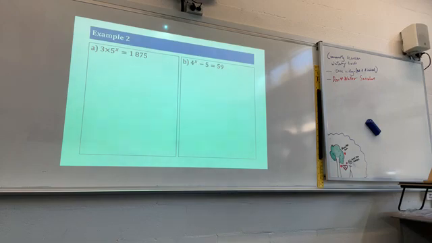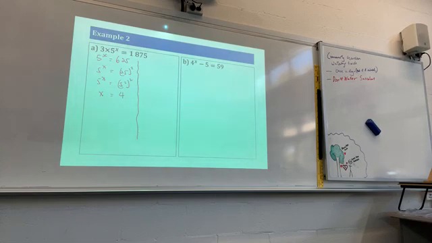First, you can basically divide both sides by 3. 5 to the power of x equals 625. And then you know that 625 is 25 squared, correct? So 5 to the power of x equals 5 to the power of 4. x therefore equals 4.